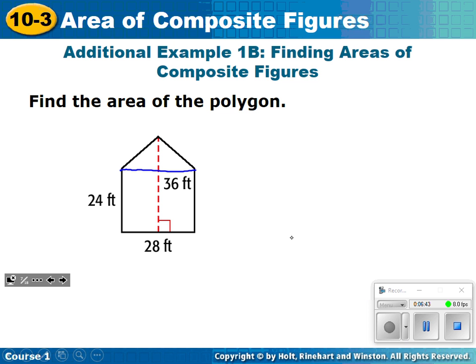I will come around and see if you're going after it right. Why 28?